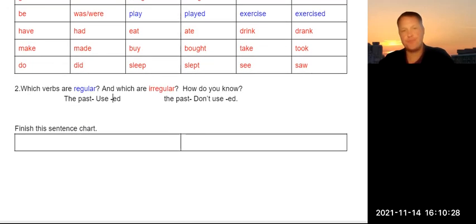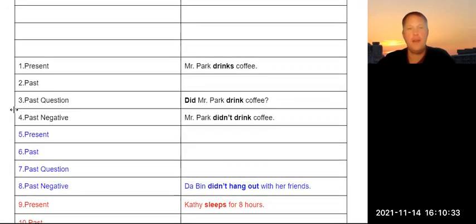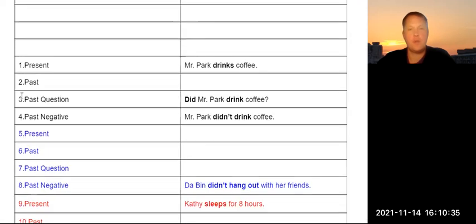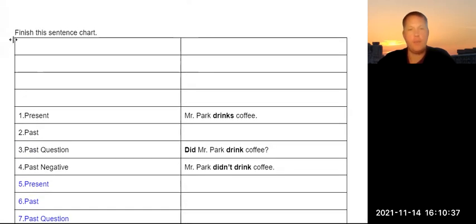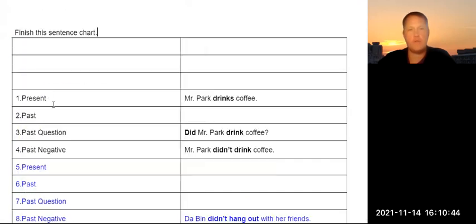Okay. Have another chart. Okay, that's what happened. I have some extra rows here.